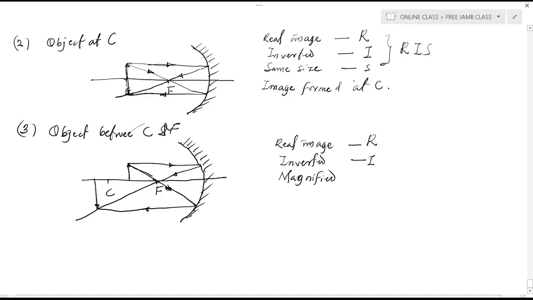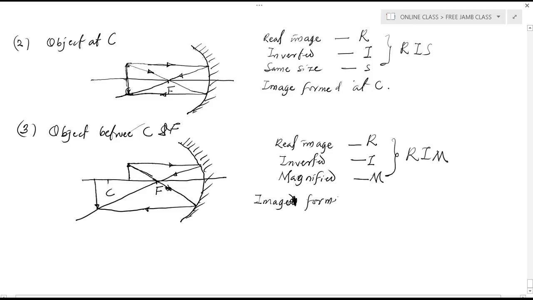Look at the object, look at the image. It is magnified, that is bigger. That is real. Here, image formed where? Beyond C.